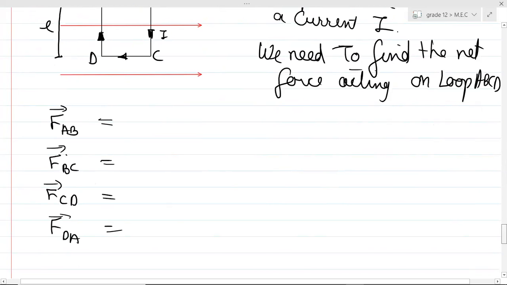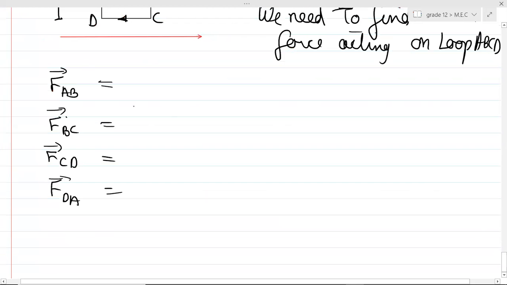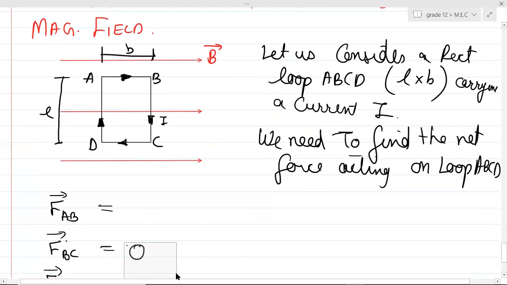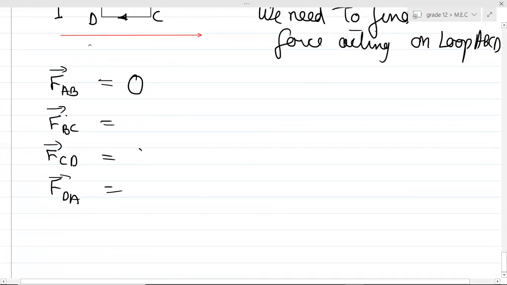First of all, BC and AD are the ones which are perpendicular, whereas AB and CD are parallel and antiparallel to the field. So the force on AB is zero and the force on CD is zero.